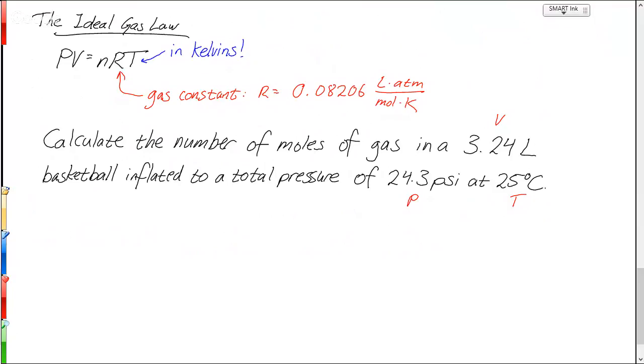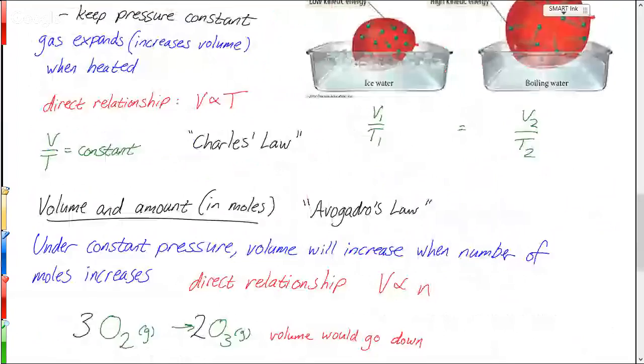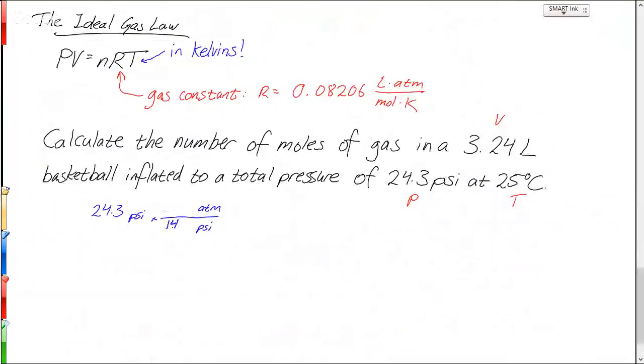All right. So let's do that. 24.3 PSI. We're going to convert PSI to ATM, which if we go back up here and check, is 14.7 PSI in an atmosphere.